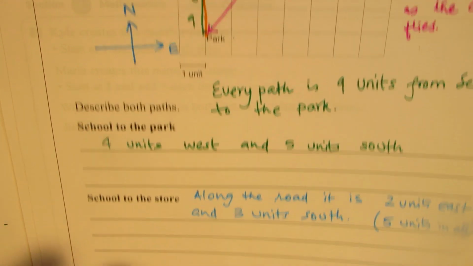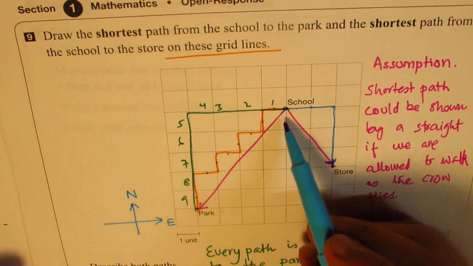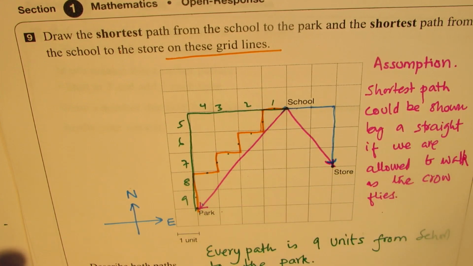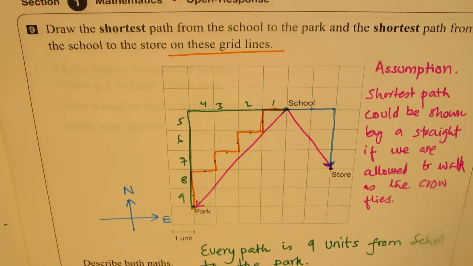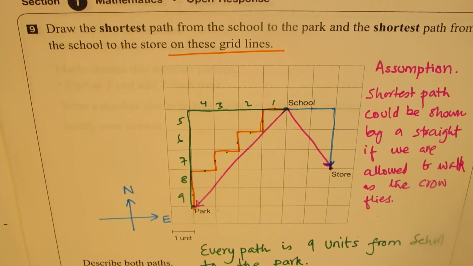So we are assuming that we cannot go as shown by the pink path, right? So there will be buildings. So when you have a grid, we cannot assume that we can go like shown in the pink line. Perfect.